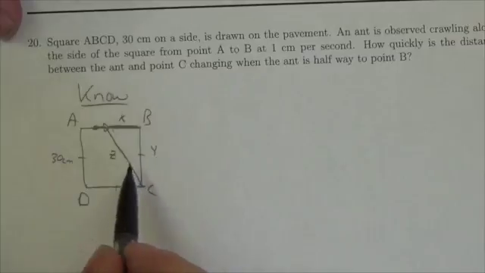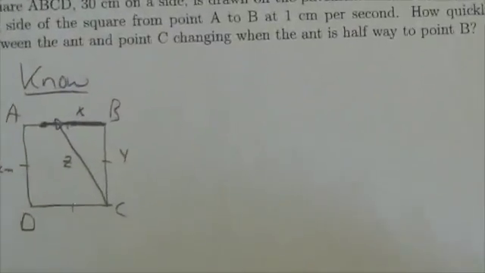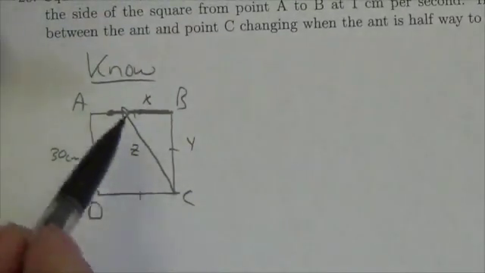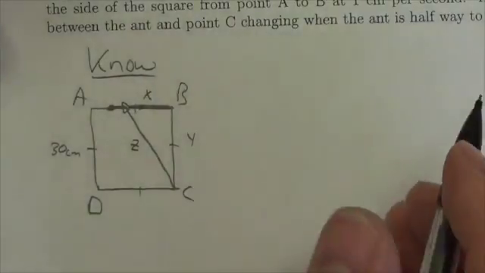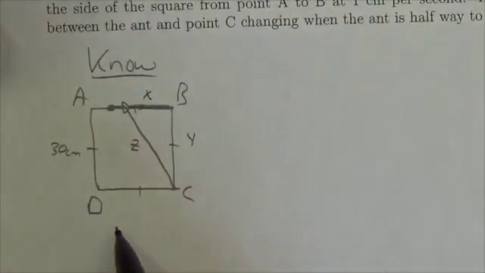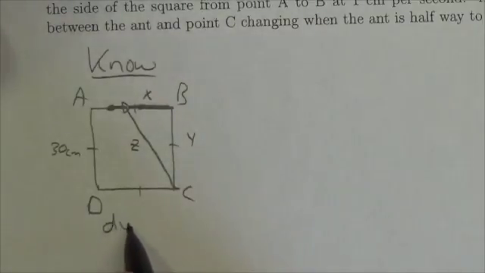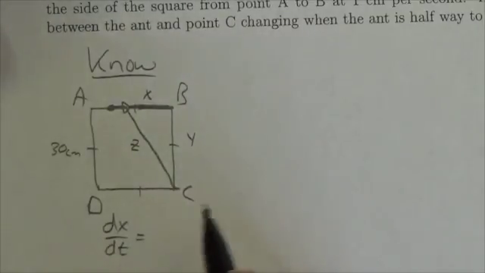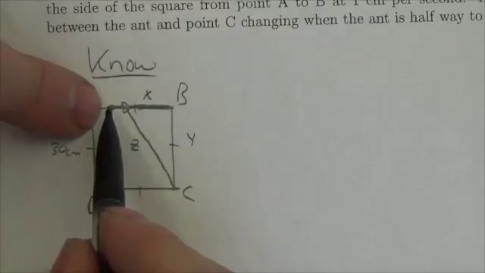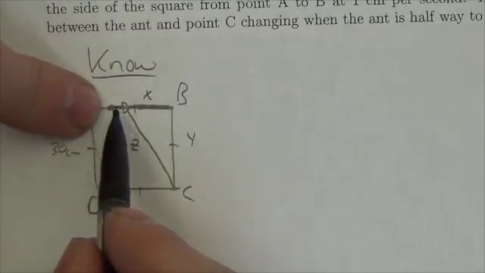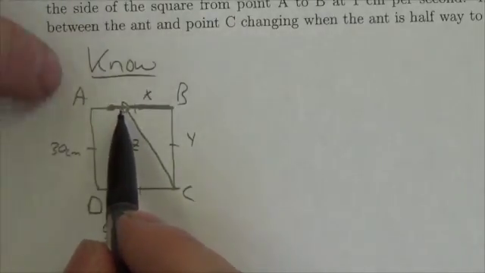What we're interested in here, actually let me zoom in, is how fast this distance is changing, Z, as I've labeled it. The other thing I know here is dx by dt. Now let's think about this. The ant is crawling at 1 centimeter per second.